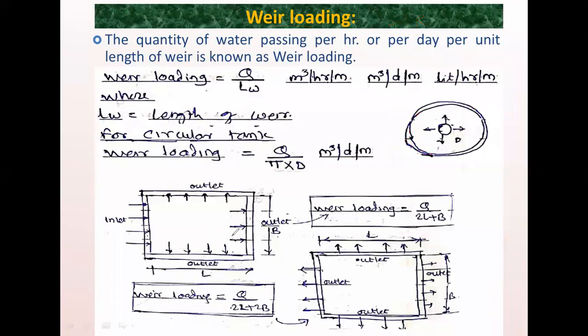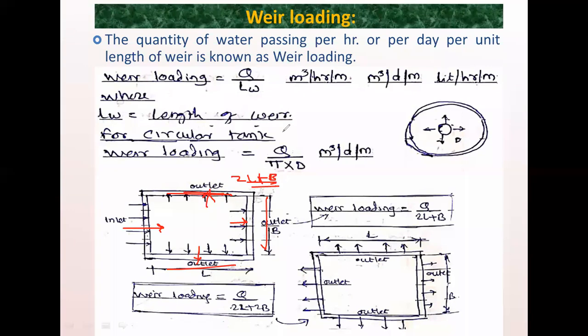You can see in this diagram, here is the inlet and there are outlets on the three sides of the tank. The outlets are shown on all three sides of this rectangular tank. So the length of outlet will be this L plus this B plus this L, means 2L plus B will be the length of weir.